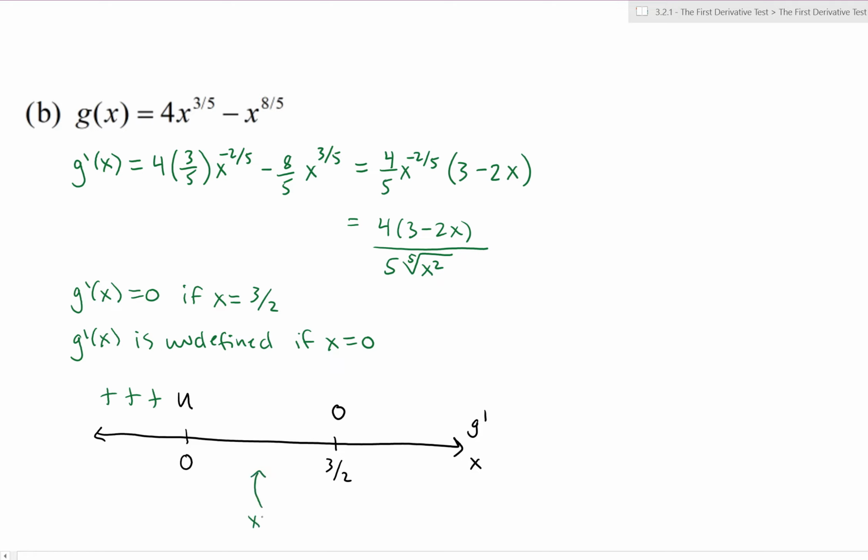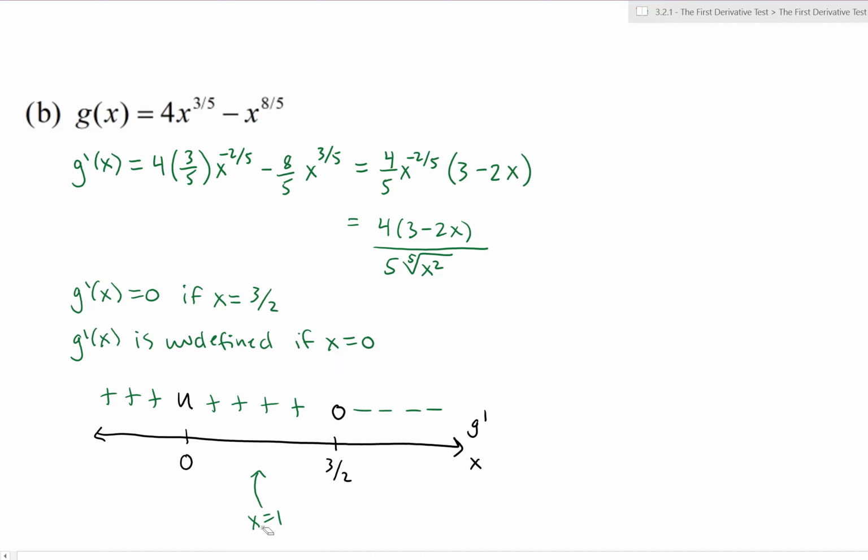Somewhere in this interval is x equals 1. If I plug that into the function, then in the numerator I have a positive, and in the denominator I also have a positive. So in fact, it's positive in there. And then pick a giant positive number to the right of 3/2. Now we're going to have a negative, because in the numerator, that'd be a giant negative divided by a positive in the denominator.